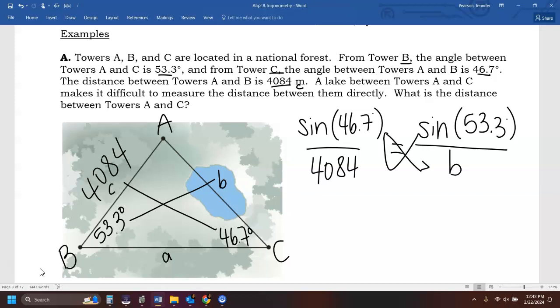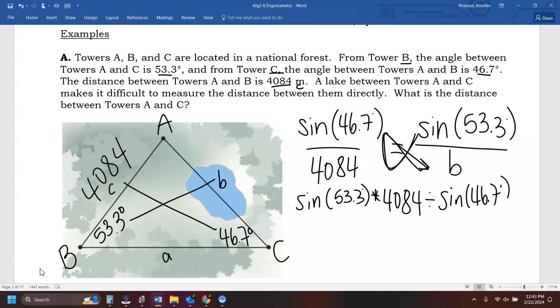Okay, so that's going to be the sine of 53.3 degrees times 4,084, and then divided by the sine of 46.7 degrees.